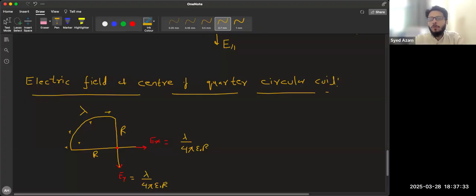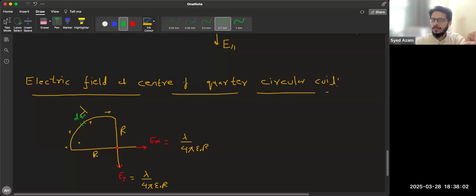In the problem of the quarter circle, the magnitude is easy, you can easily remember this formula. But the issue is with the direction. To get the idea of the direction, whether the field is along positive x-axis or negative x-axis, and along positive y-axis or negative y-axis, what we do is take a small element here. Let the charge over the small element be dq.